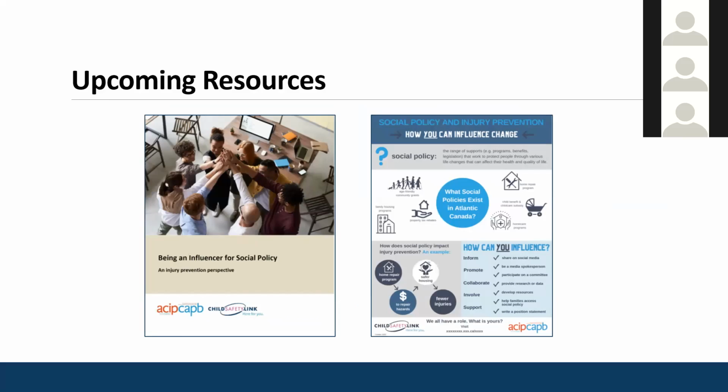From that report, we also created an infographic, which communicates some of that information in a more visual way. And then again, the webinar will be in the new year, and that will be posted on Loop as well. So stay tuned for that.